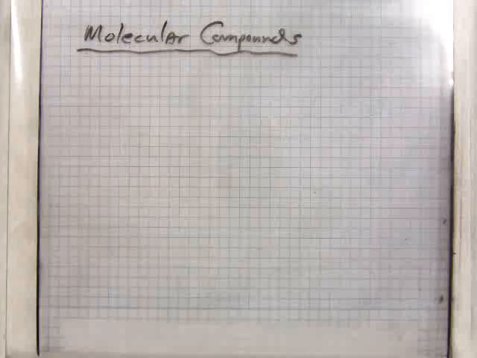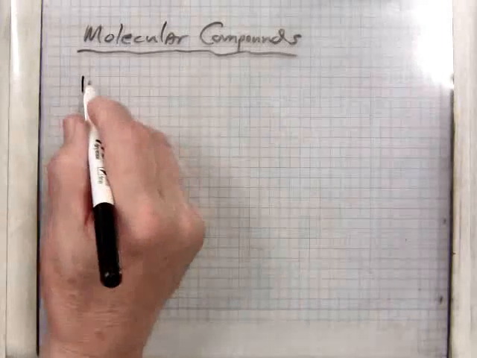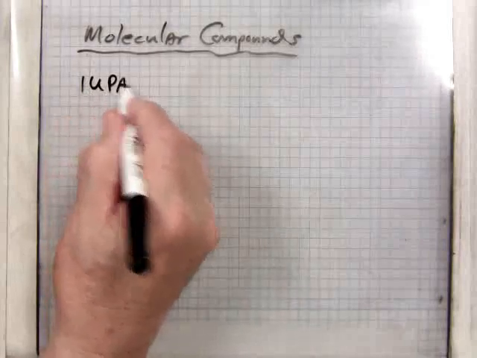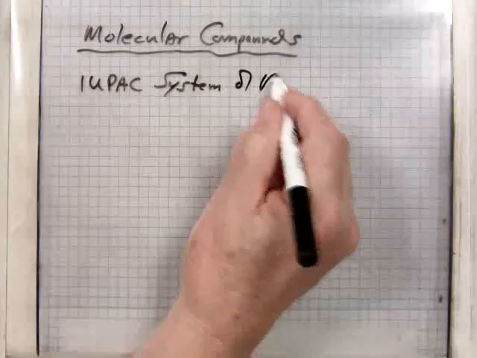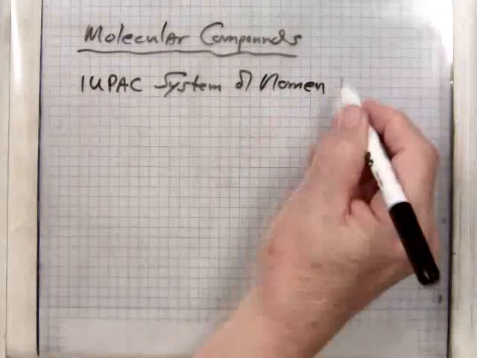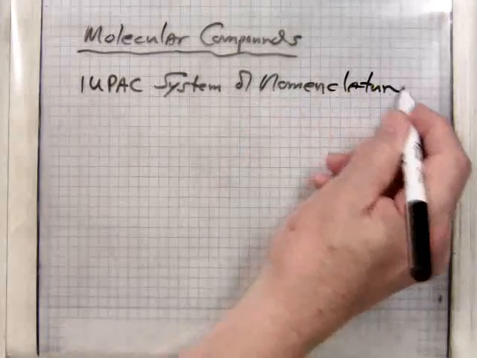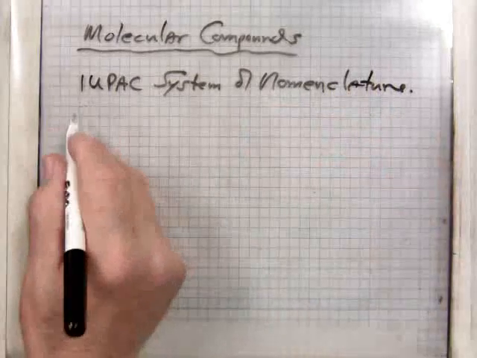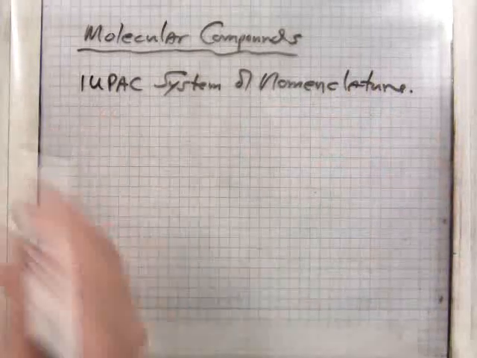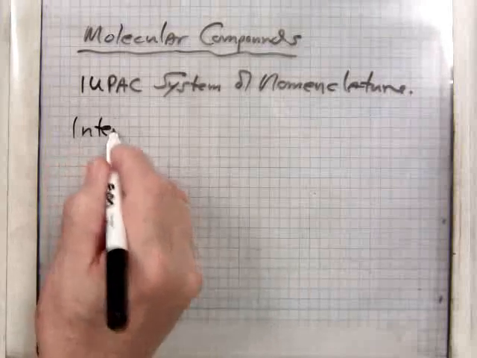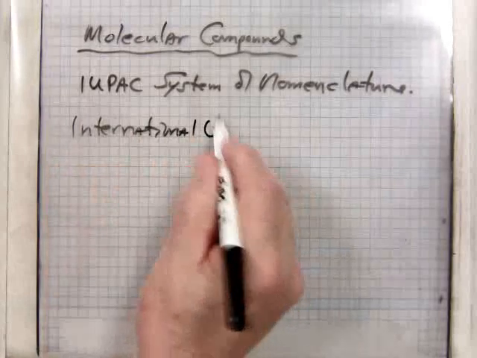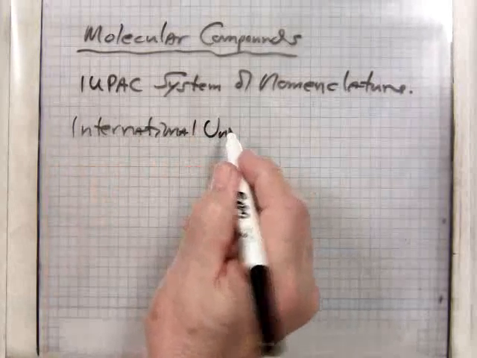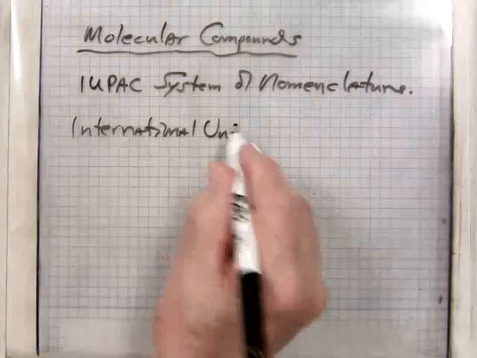And the systematic names are based on what we call the IUPAC system, International Union of Pure and Applied Chemistry. I'm not going to ask you that on a test or anything, just FYI.